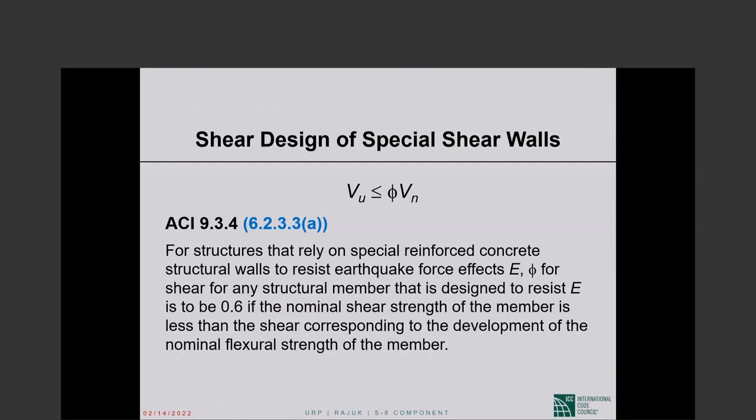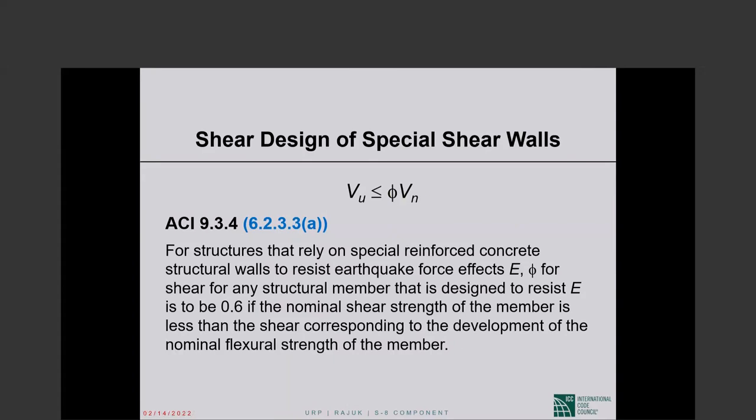Knowing that this is not the conservative thing to do, we play with the phi factor. The phi factor for shear design is 0.75.